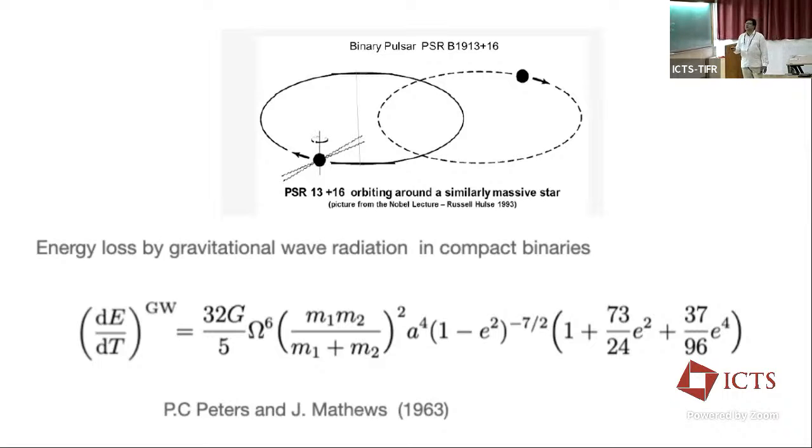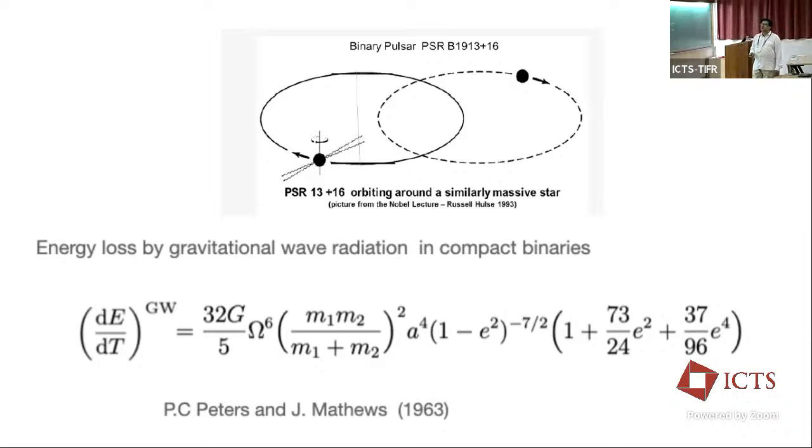They are at a distance of 1 AU, the Earth-Sun distance, and the time period is of the order of 8 hours. So they go around in 8 hours, and this 8 hours converts to something like 10 to the minus 19 electron volts, which coincidentally is also the mass range for the fuzzy dark matter, which is why fuzzy dark matter will be important for this.